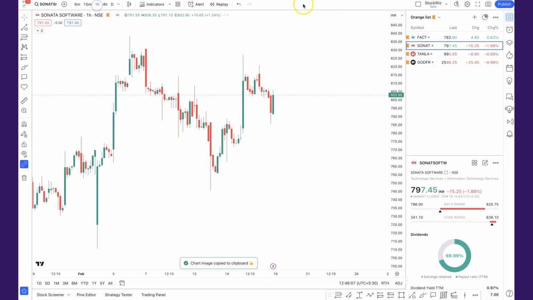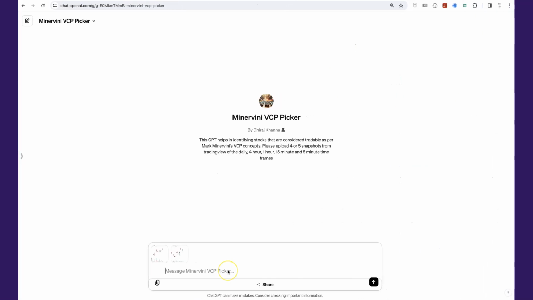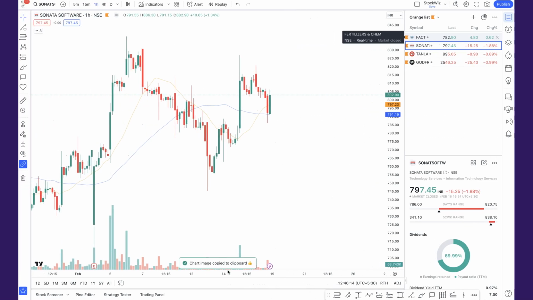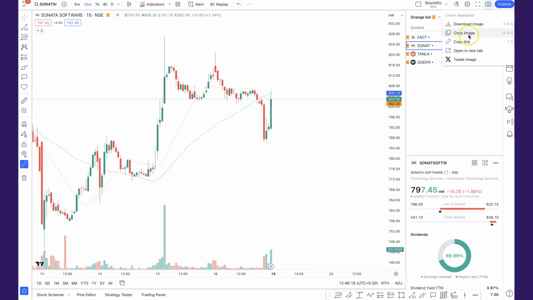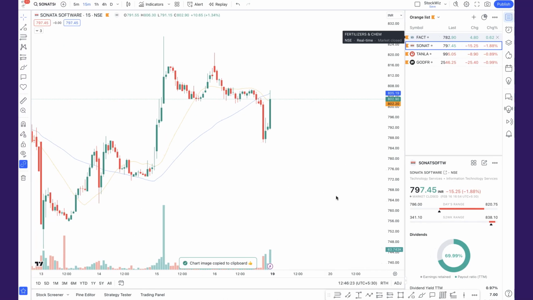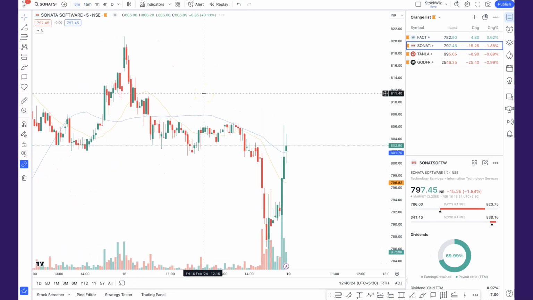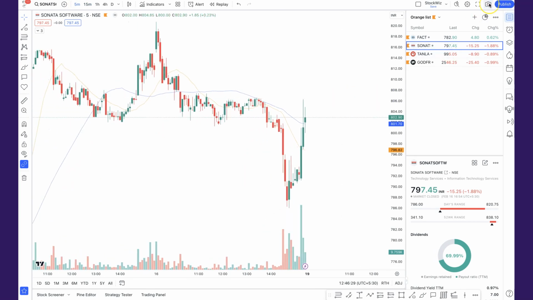Moving on to the 1-hour, I take this image and paste it here. The M15, copy and paste, and M5, that's the time frame on which I'd like to enter.